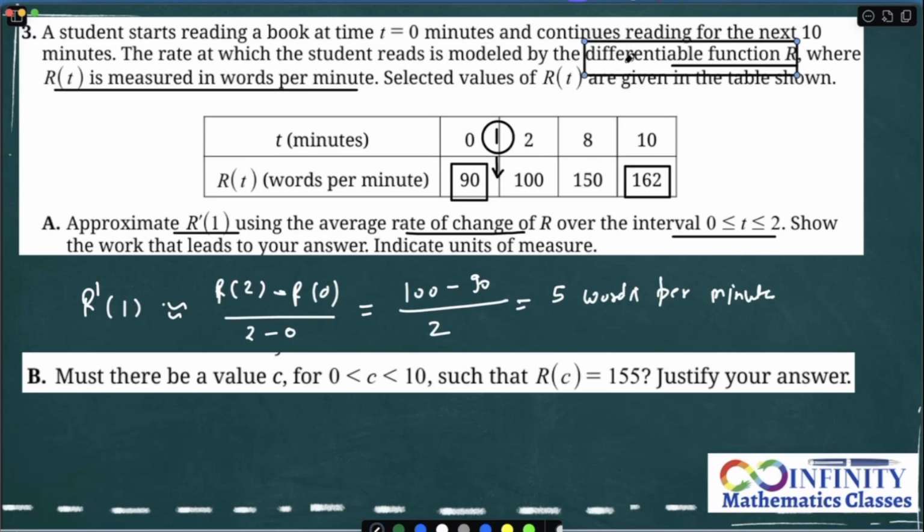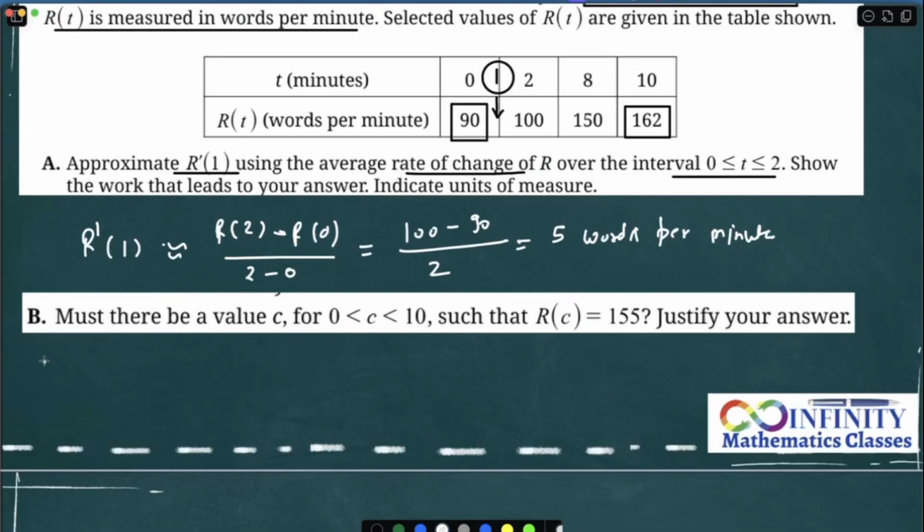So why am I bringing in differentiability here? Because there is a statement: every differentiable function is continuous.